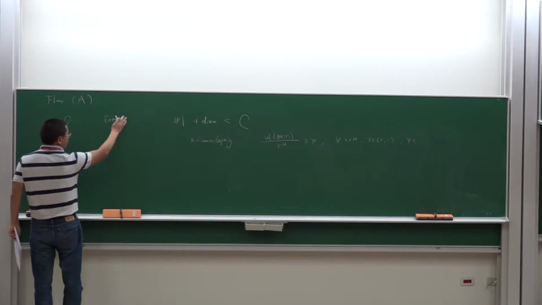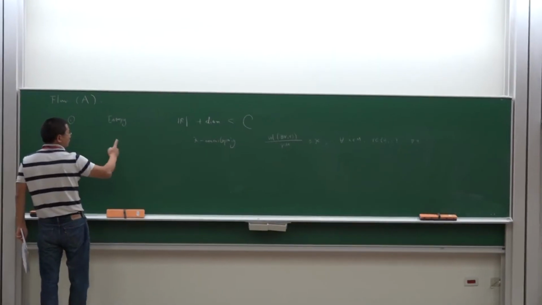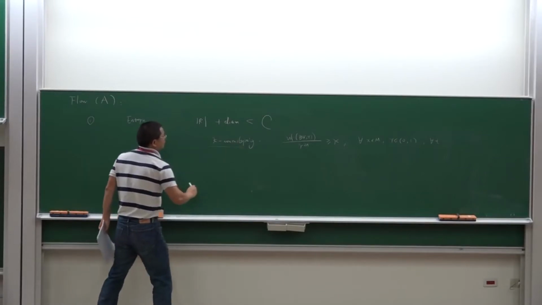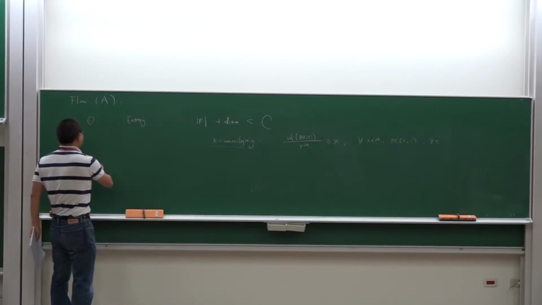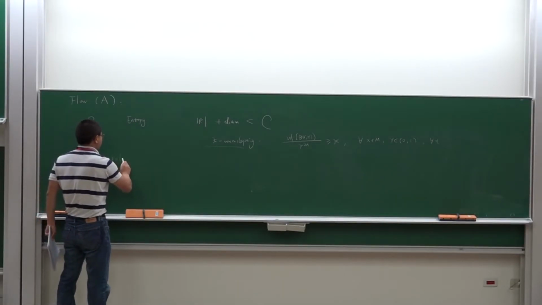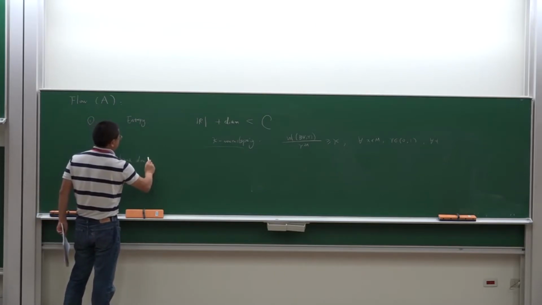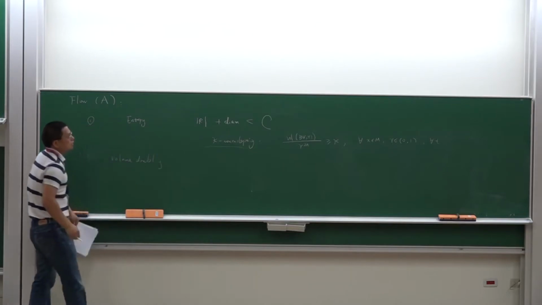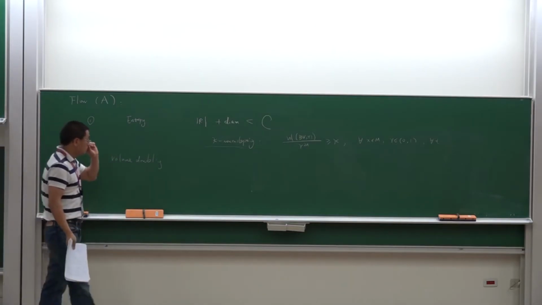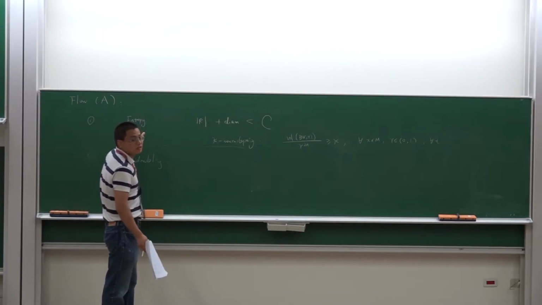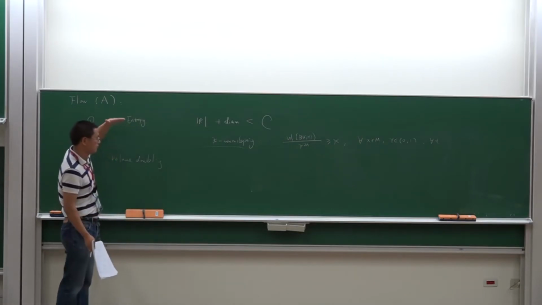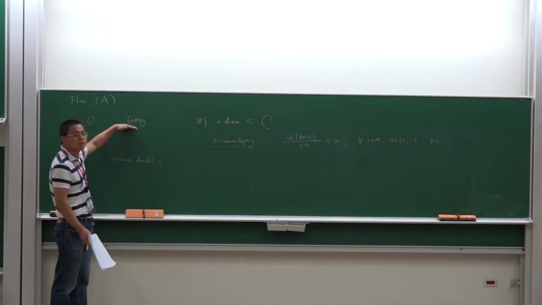Then I list another estimate. Using the entropy method, one can obtain the heat kernel on-diagonal upper bound.